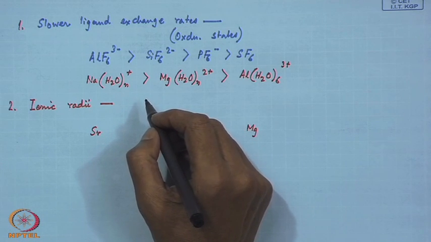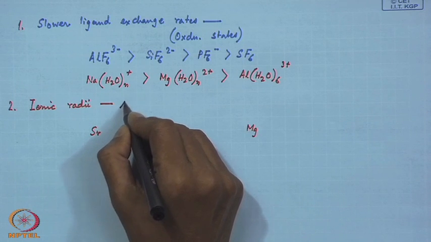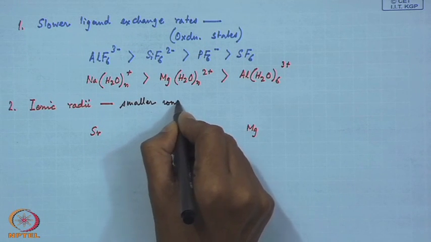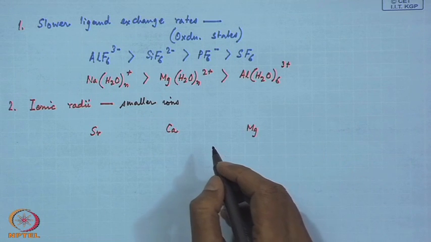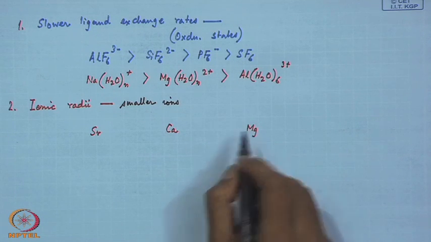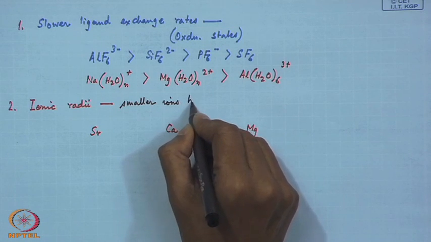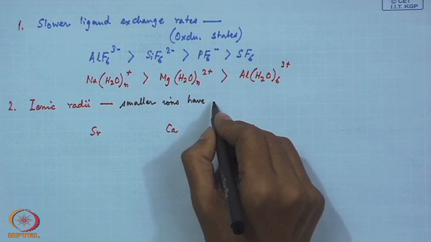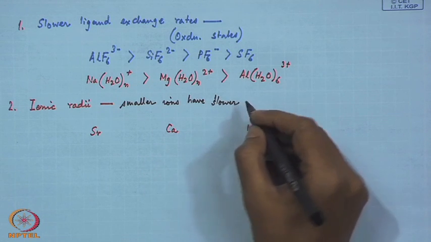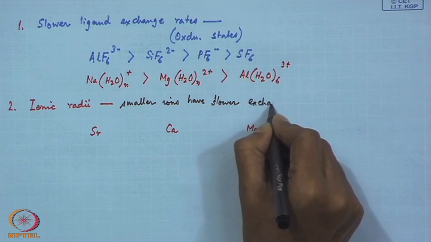If we consider the corresponding rate for this exchange reaction, the smaller ions, that means magnesium is smaller than calcium, which is smaller than strontium. Smaller ions have slower exchange rates.